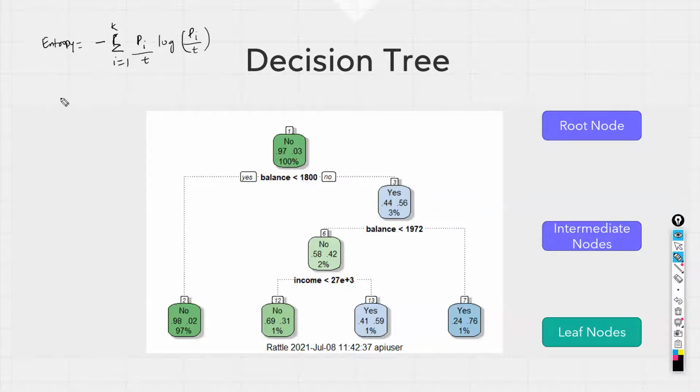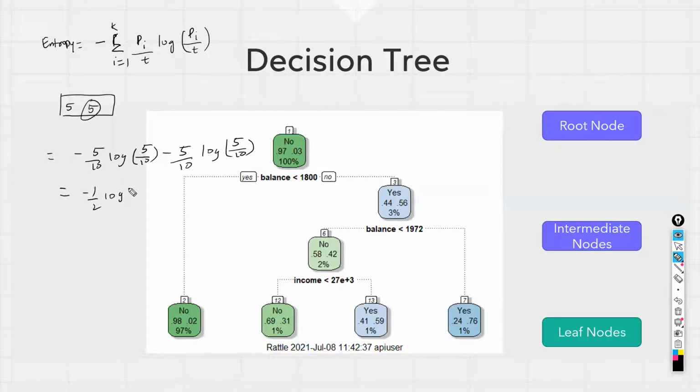Now, for example, let's take this one, 5 and 5. If we try to compute entropy, that is minus 5 by 10 log of 5 by 10, minus another class, minus 5 by 10 log of 5 by 10. So this is like minus 1 by 2 log 1 by 2, with log to the base 2.